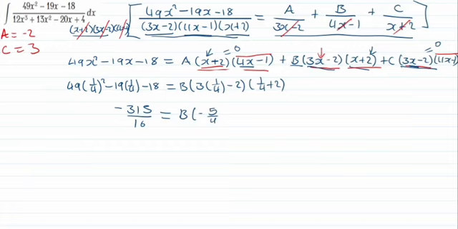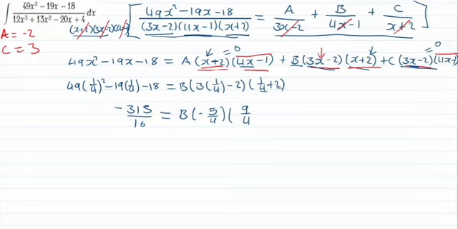Then apart from that, when you punch 1 over 4 plus 2, it's 4 multiplied by 2, which is 8, plus 1, which is 9. So I multiply this by 9 over 4. Then when you multiply these two, we're going to get negative 5 multiplied by 9, we get negative 45.